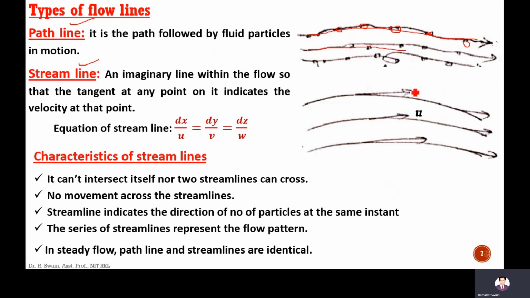Streamline is an imaginary line. It is not actually present in real conditions.